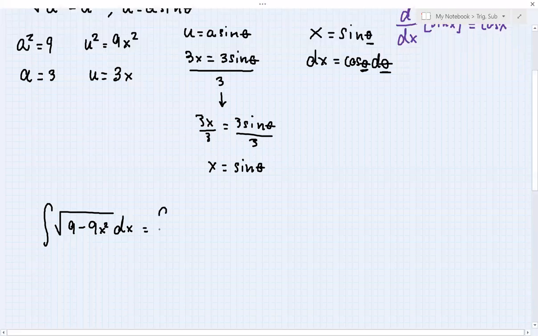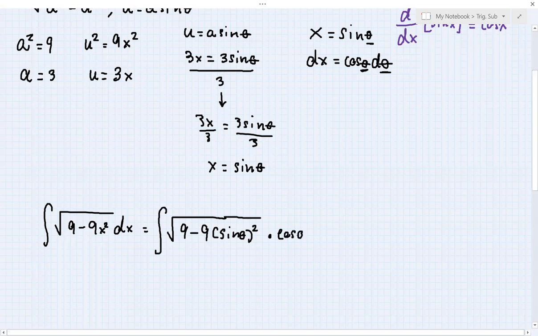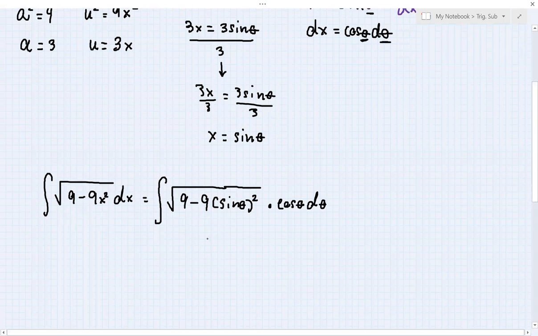So this would be the integral of square root of 9 minus 9 times, your x is sin theta, so this is sin theta squared, times your dx, which is cosine theta times d theta.